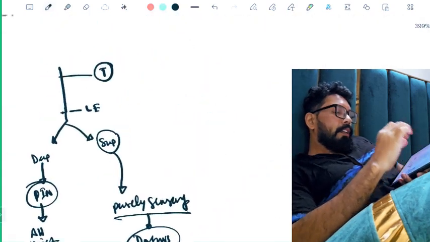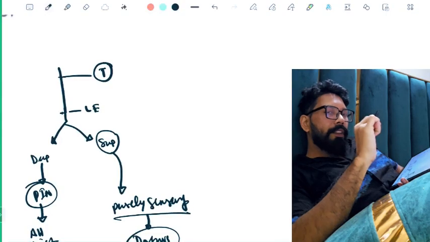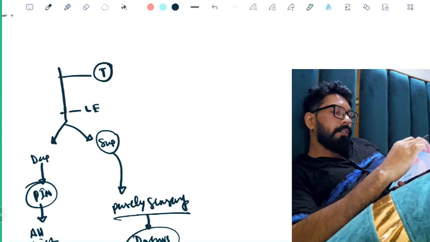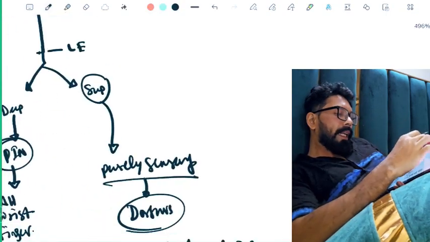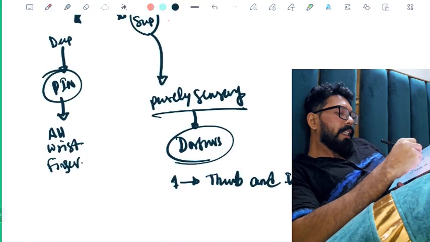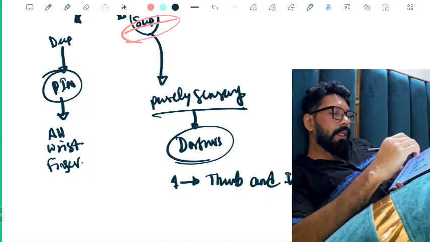What does that mean? See, injury pattern. What will happen if an individual nerve is damaged? First, I will tell you about that. Number one, if the superficial radial nerve is damaged, what will happen?